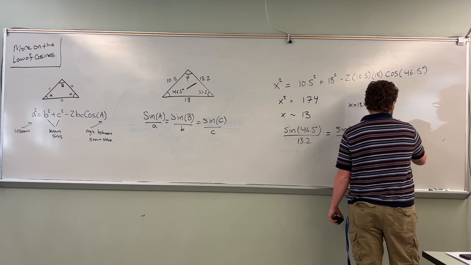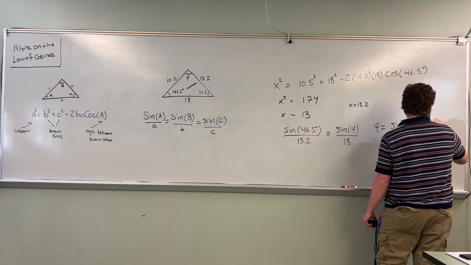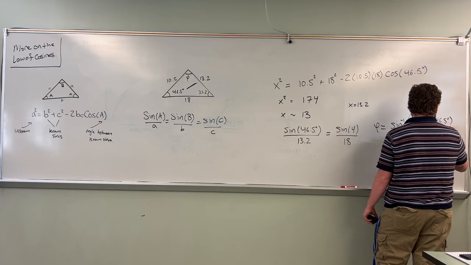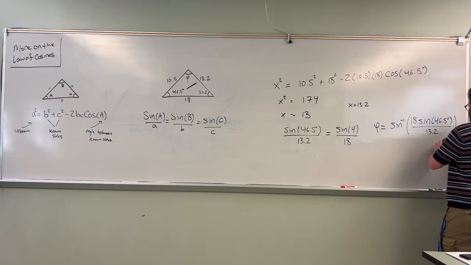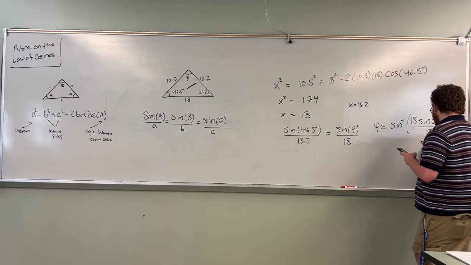So phi is equal to the inverse sine of 18 sine 46.5 degrees divided by 13.2. Inverse sine of 18 sine 46.5 divided by 13.2. And I also get 81.6 again.